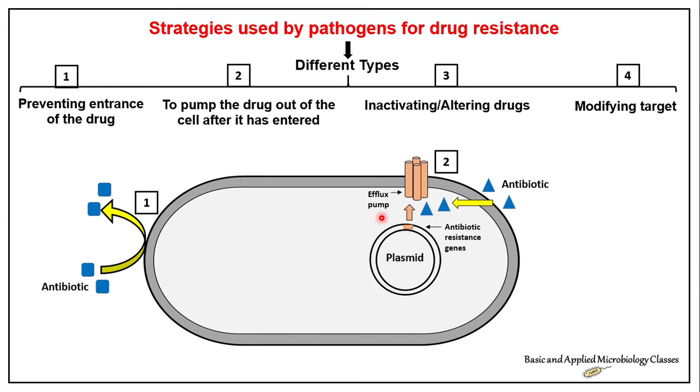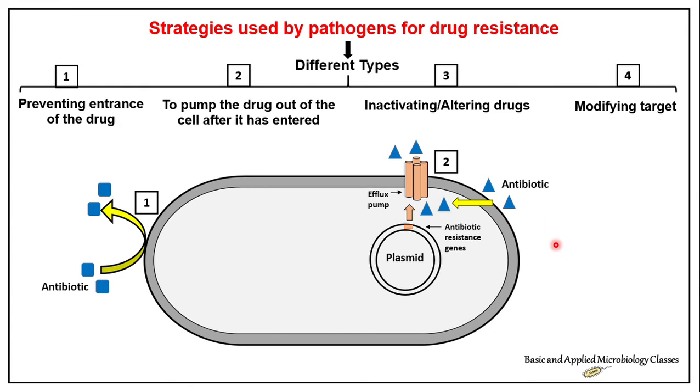So what will this efflux pump do? It will pump the drug out of the cell. You can see here the antibiotics which entered initially are pumped out through this efflux pump, which was formed by membrane translocases coded by a plasmid coded gene. It will help in pumping the antibiotic out of the bacterial cell.